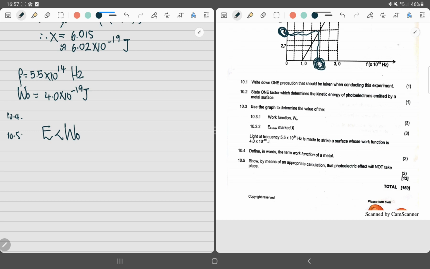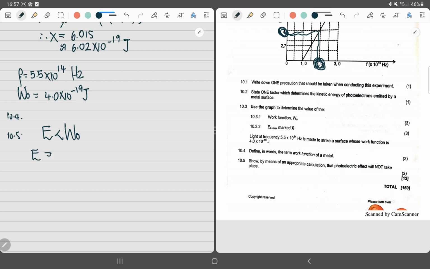Because the work function is the minimum energy required to remove an electron, the energy supplied by your light should be greater than the work function in order for us to see the photoelectric effect. If E is less than the work function, then there's no photoelectric effect.